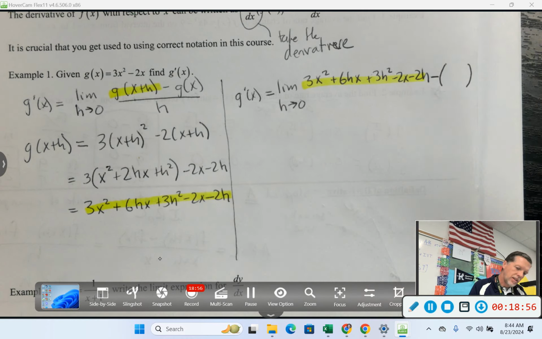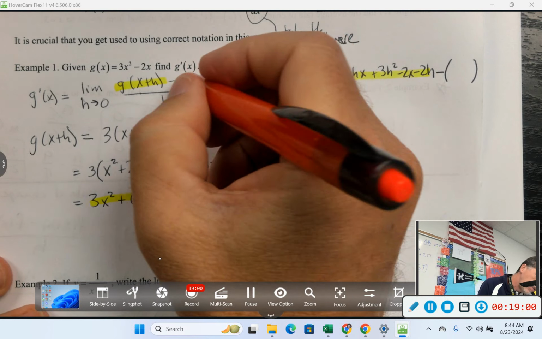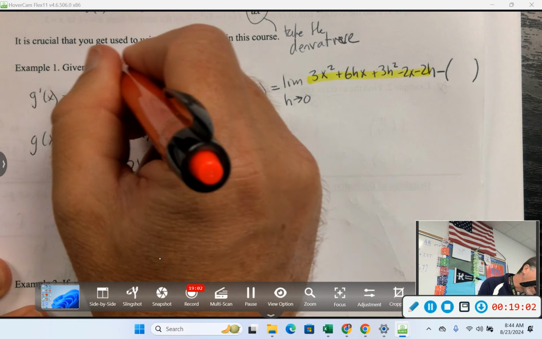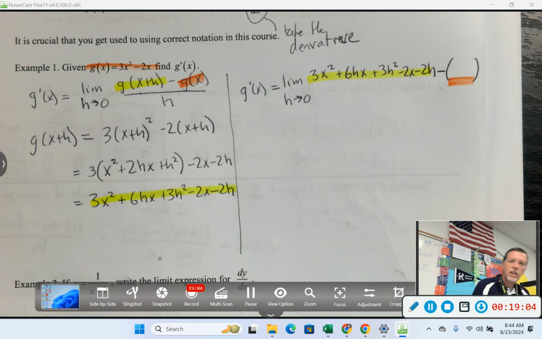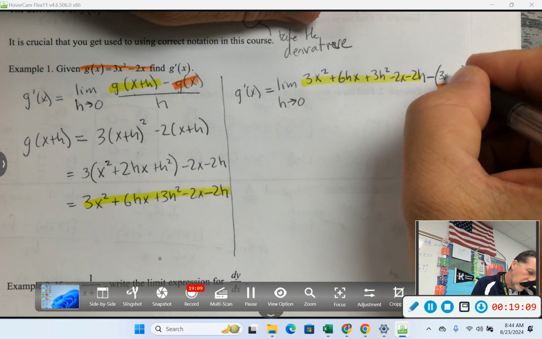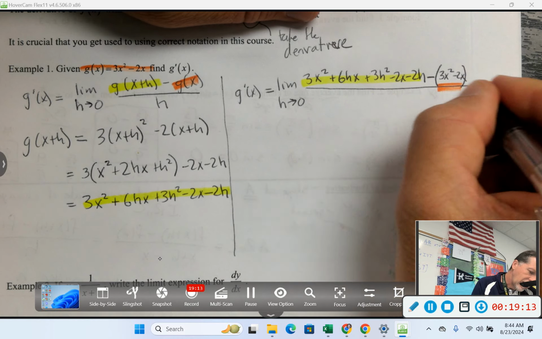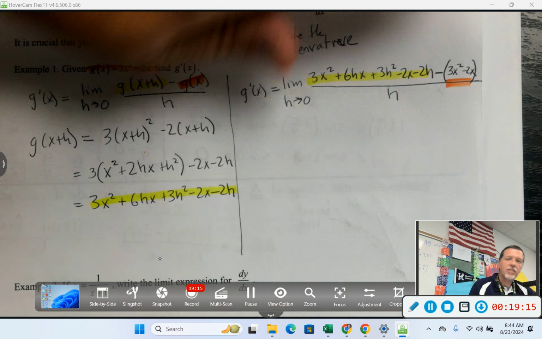Minus g of x, which they gave us. So in for g of x goes 3x squared minus 2x. And then all of that is over h.